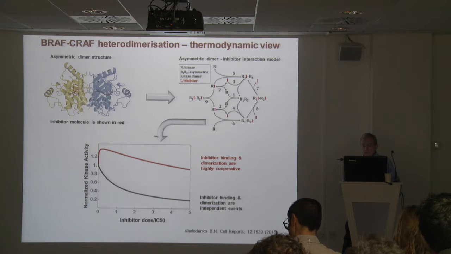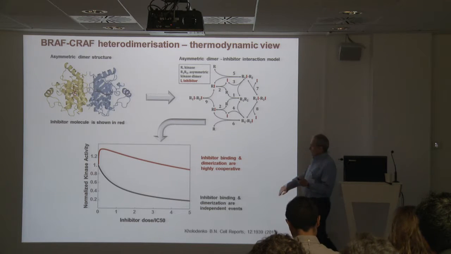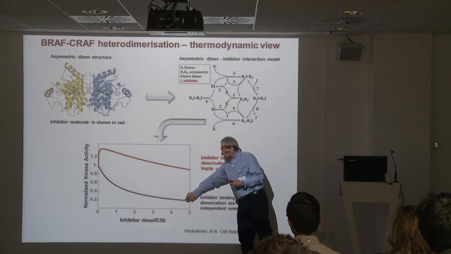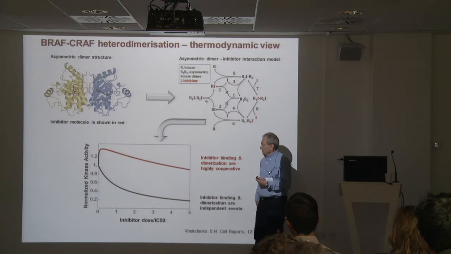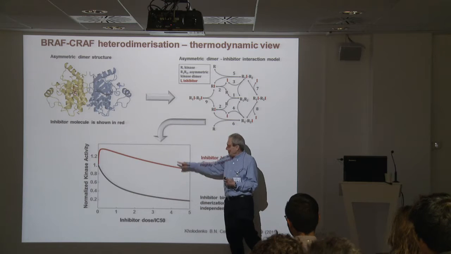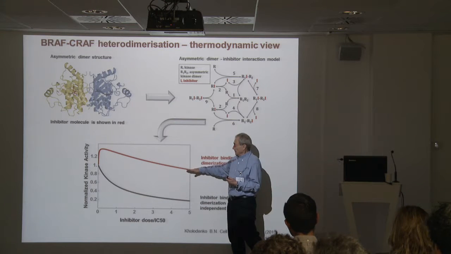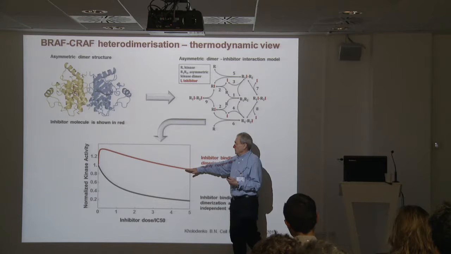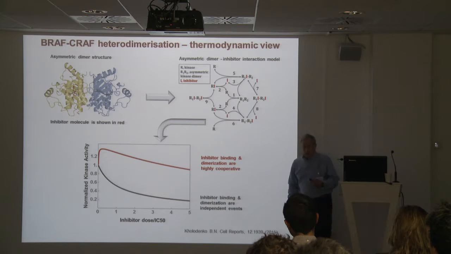You do simulations, and you see that instead of your normal inhibition curve, where you just go down when you inhibit some pathway, you have this paradoxical activation and very low inhibition.